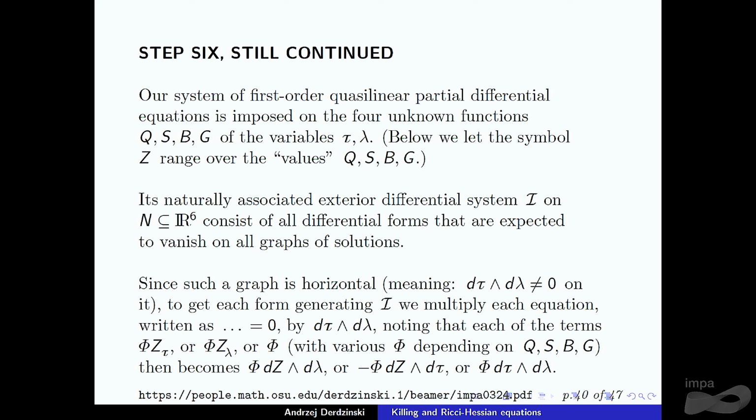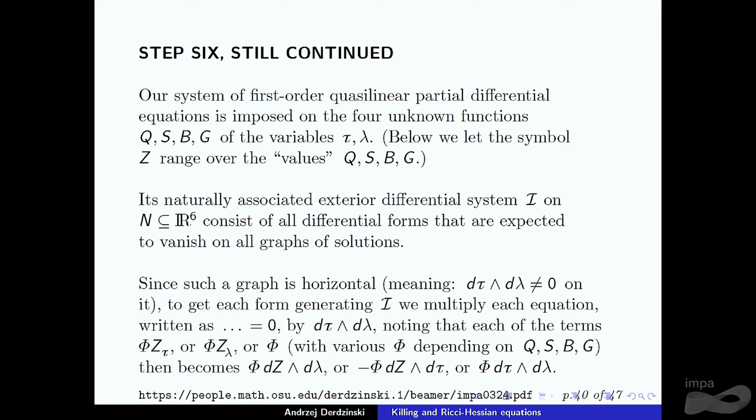Now, because it's a graph surface, d tau wedge d lambda is non-zero restricted to this surface, which means we are free to multiply each of those equations by d tau wedge d lambda, and suddenly they become equations involving not partial derivatives, but just exterior derivatives. This is what Élie Cartan invented. Get rid of partial derivatives in favor of exterior derivatives.